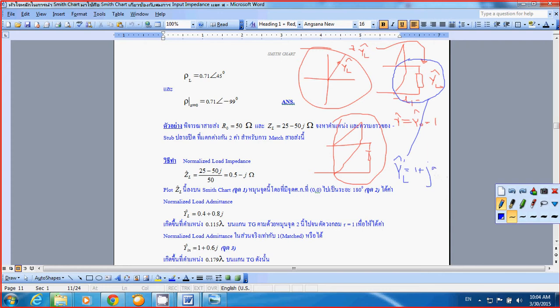Let's put a here. And you already have the real part to be 1.